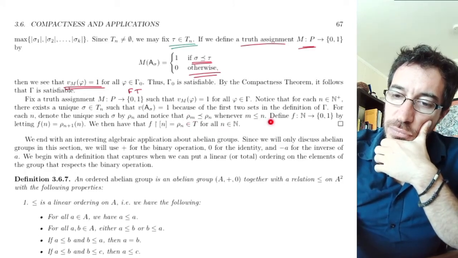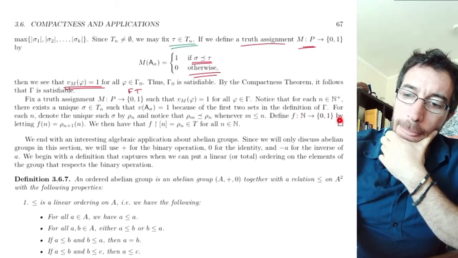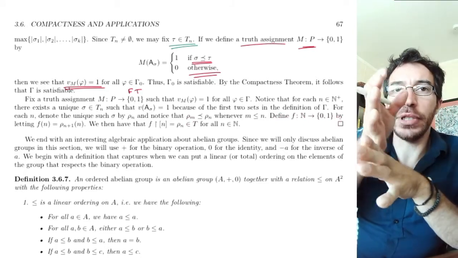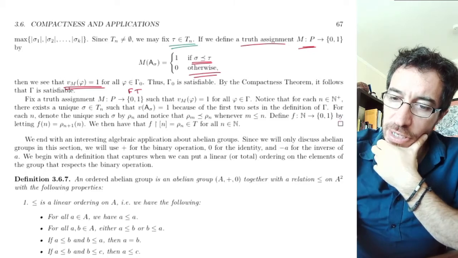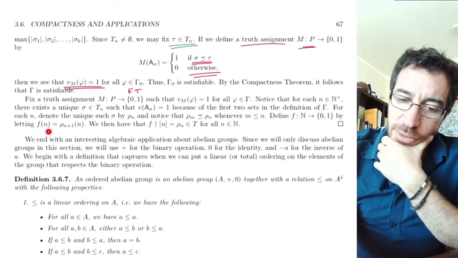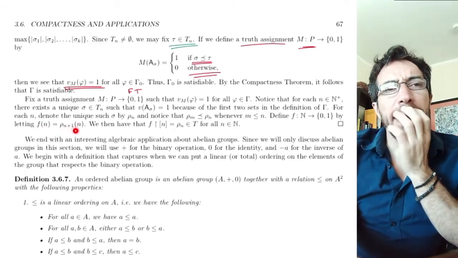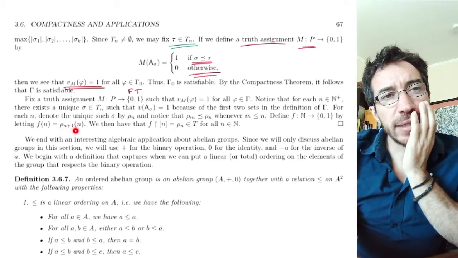Okay, and now we can define this function by essentially putting all these guys together. So define a function f from the natural numbers to {0,1} by letting f of n be rho n+1 of n. And here you will ask, okay, wait, what does it say?